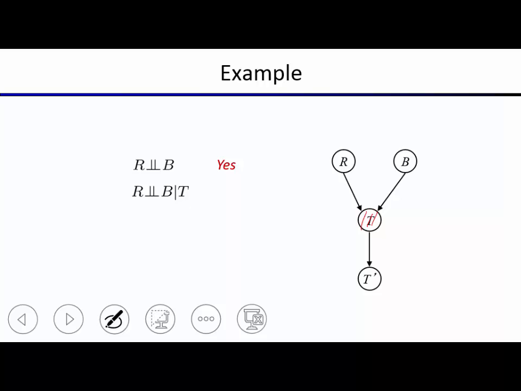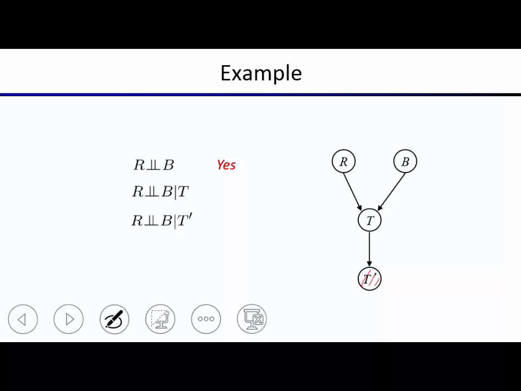It's the one triple along the path, so the entire path is active, which means influence could run between R and B when T is observed. So no, we cannot guarantee that R and B are independent given T. And typically they will not be, but as I said, you never know if somebody picks a special choice of tables. Could always be.